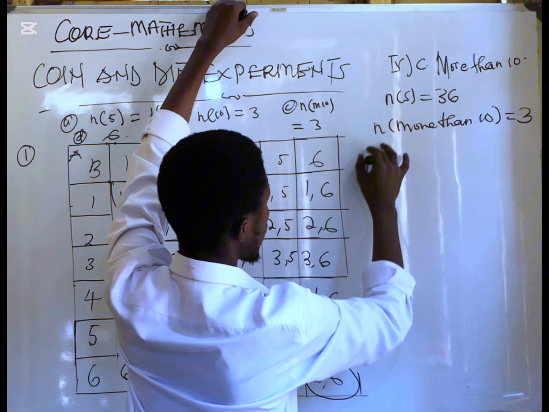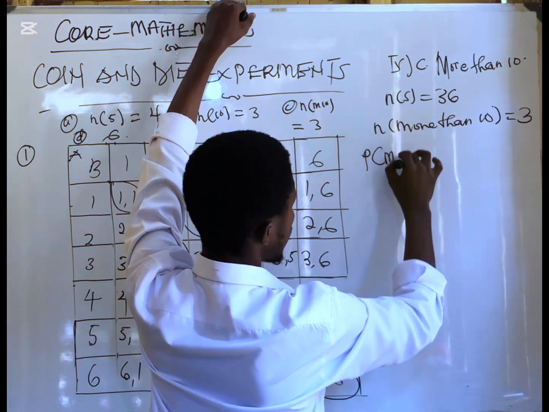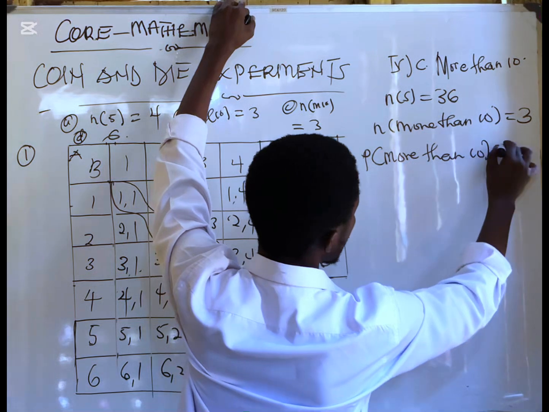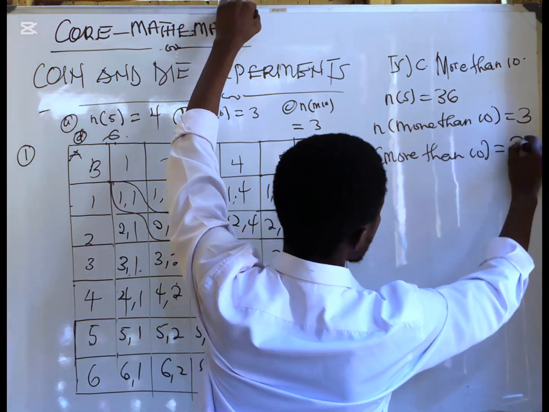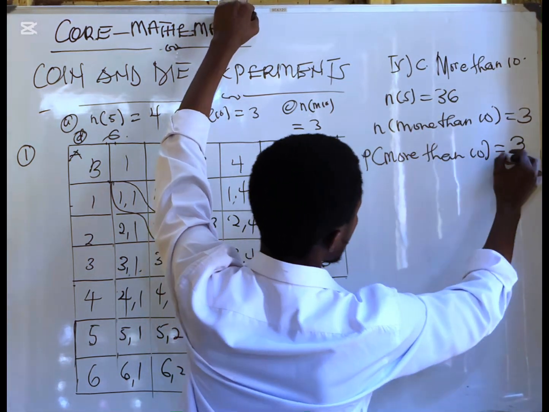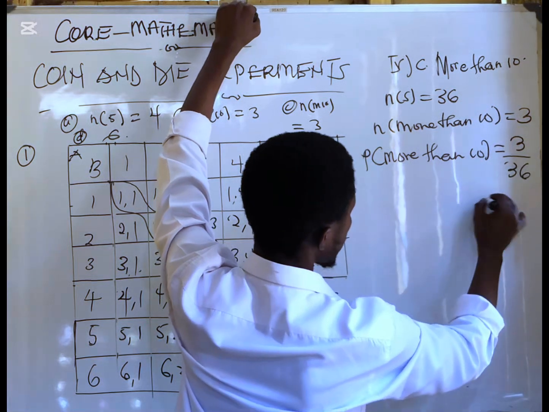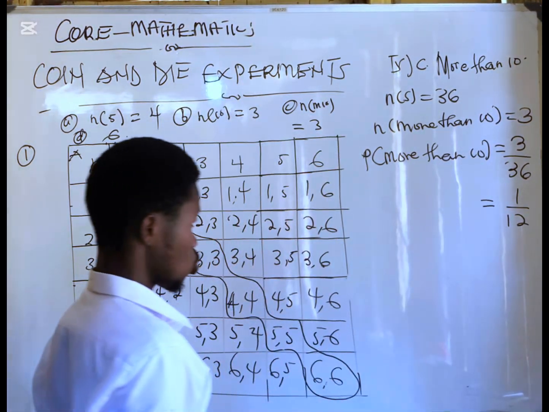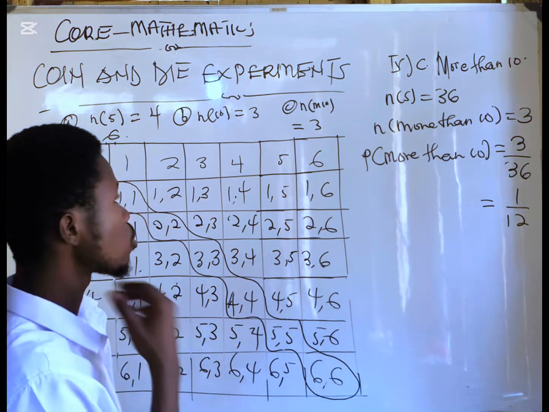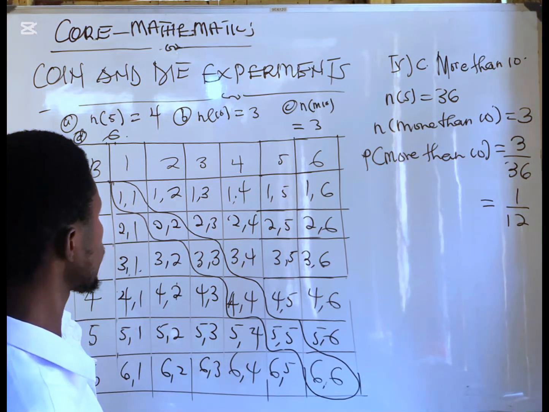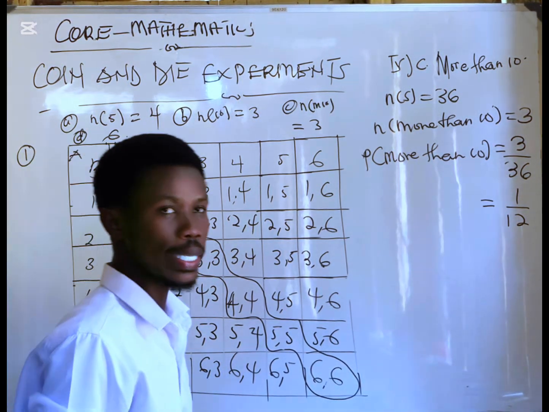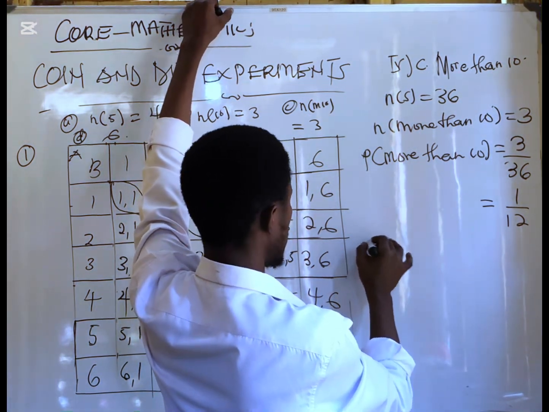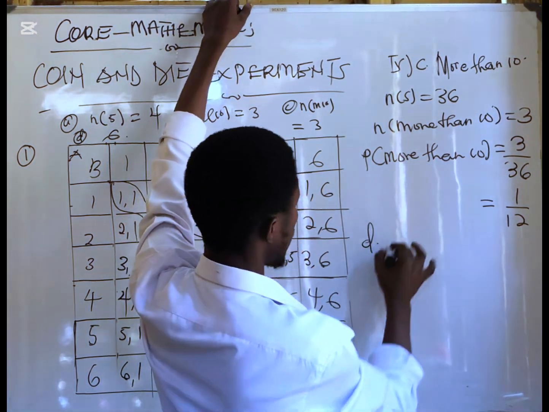So now I want to get the probability of obtaining a sum more than 10. And that's going to give us 3 over 36. And that is still 1 over 12. Then you also look at least 10. At least 10, right? So that's D for the IV.